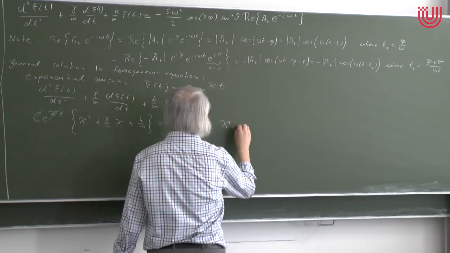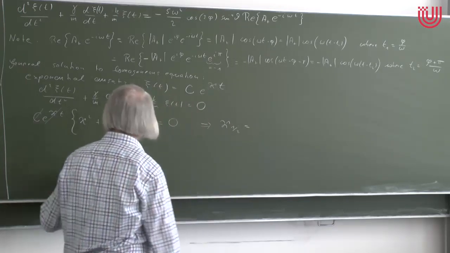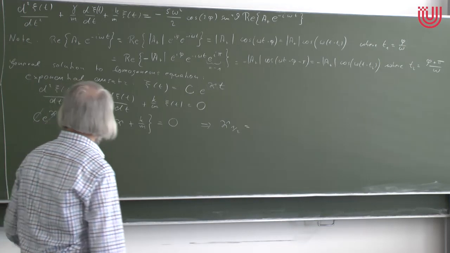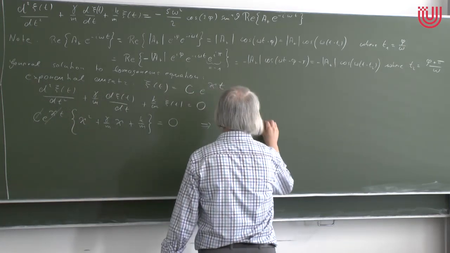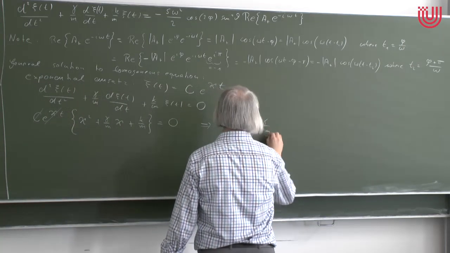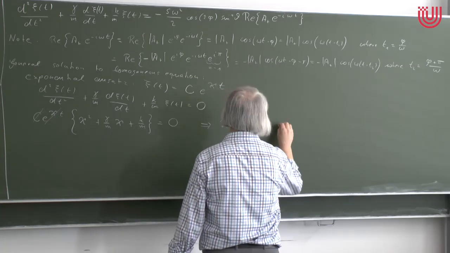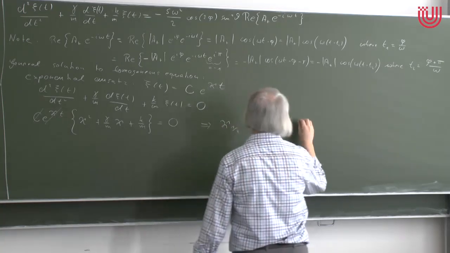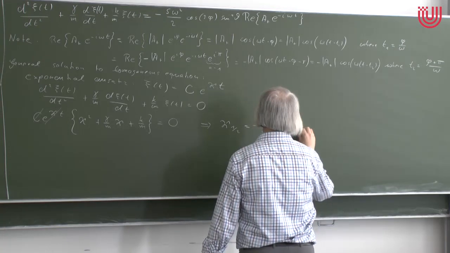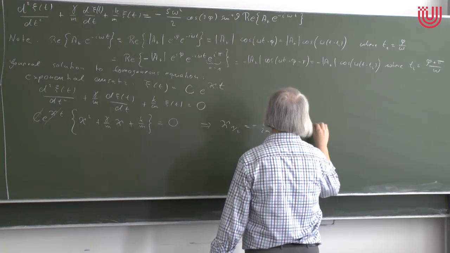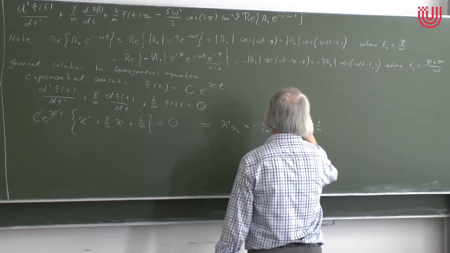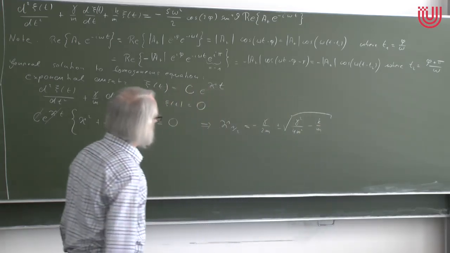So there are two solutions, kappa 1 and kappa 2. From the quadratic equation, kappa is minus gamma over 2m, plus or minus the root of gamma squared over 4m squared minus k over m. Now you see there are two cases.